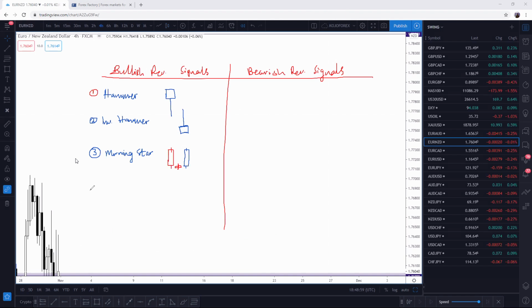Then number four, we have the tweezer bottom. You have to sit down to learn these patterns in your mind.